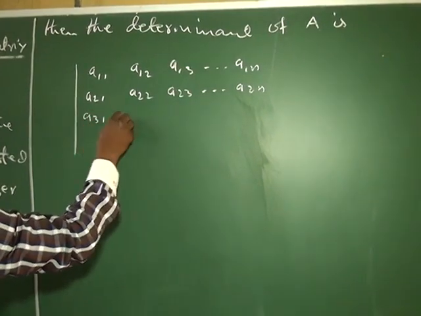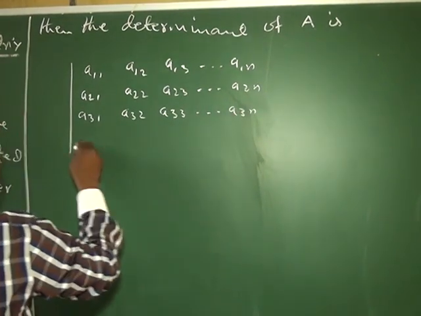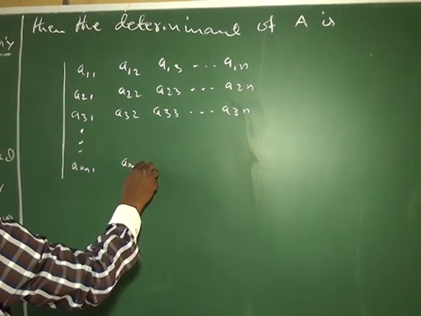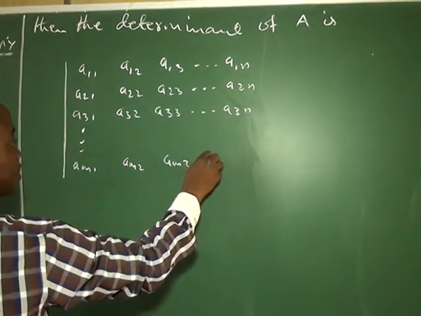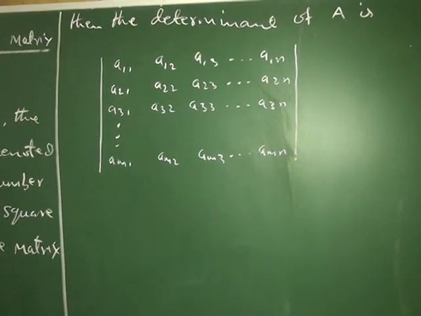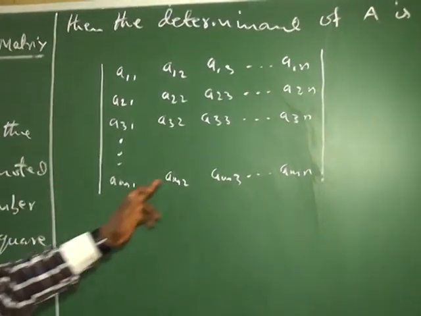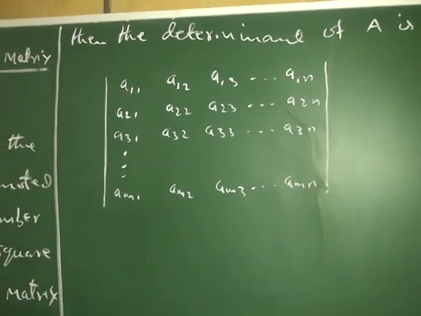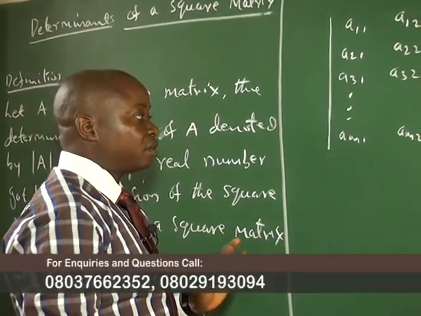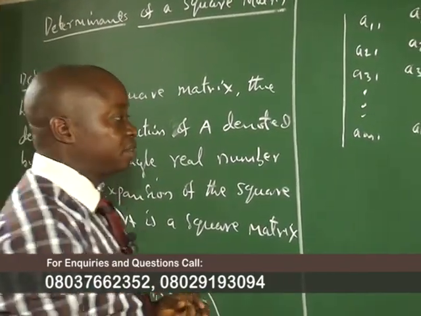Then we have A31, A32, A33, A3n to Am1, Am2, Am3, Amn. That is the determinant. We denote the determinant by straight bars. Okay, we'll start with determinants of order 1, when the matrix has only a single element.